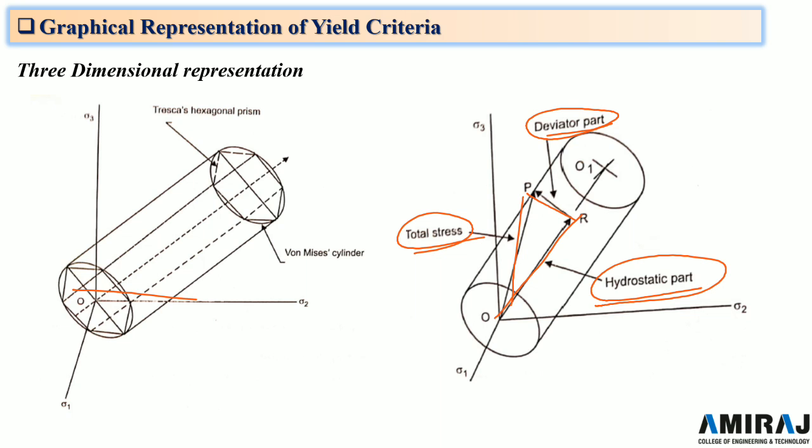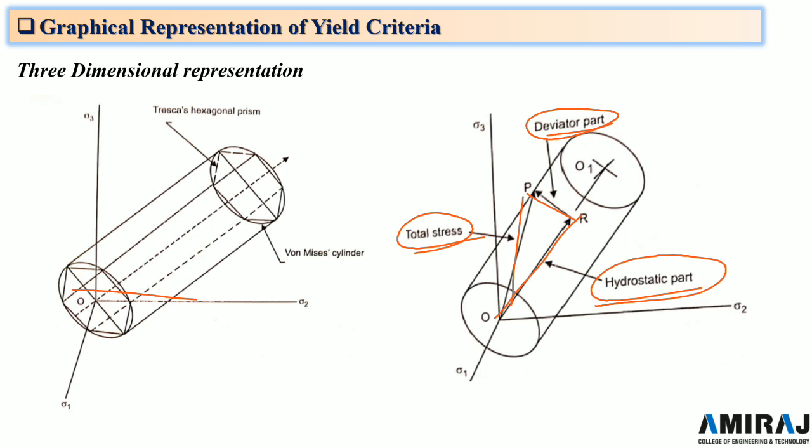Both yield conditions show that hydrostatic pressure, whatever its value, cannot bring a metal body to the yield point, because in that condition the stress point will lie on the axis of the yield surface, not on its surface.